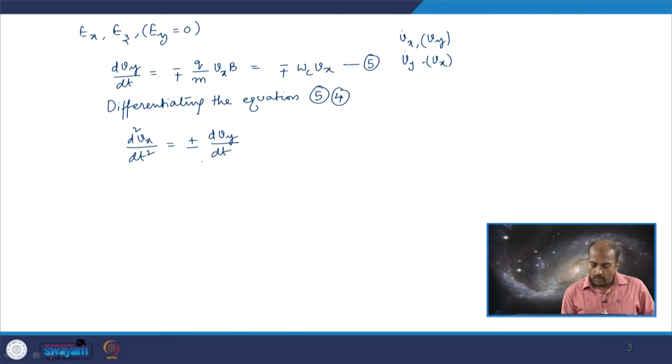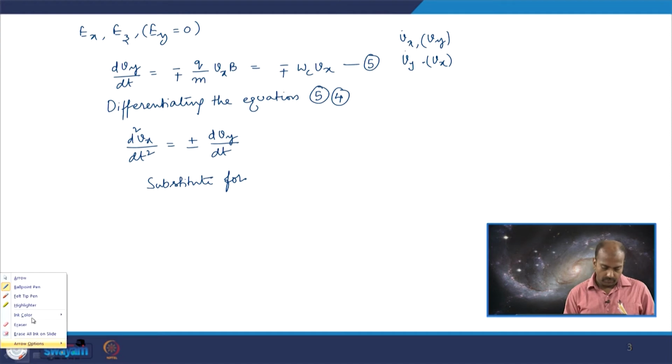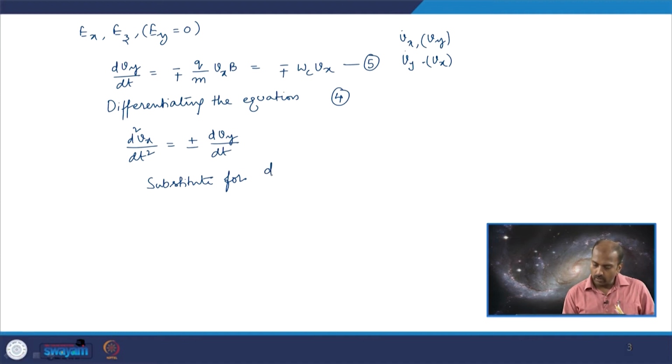Now substitute for dVy/dt from equation 5.